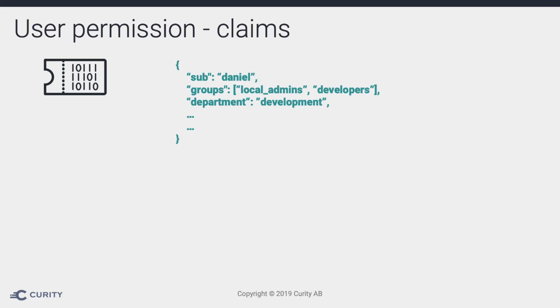So everything in a token that's signed by a trusted party is a claim. There might be situations where you want to be able to allow the client to request certain claims at different times.